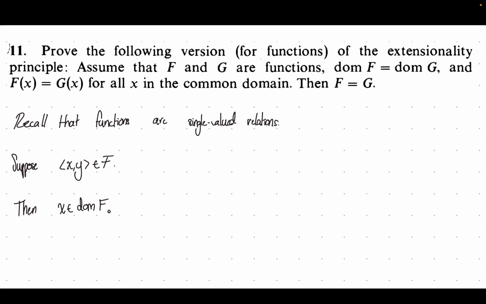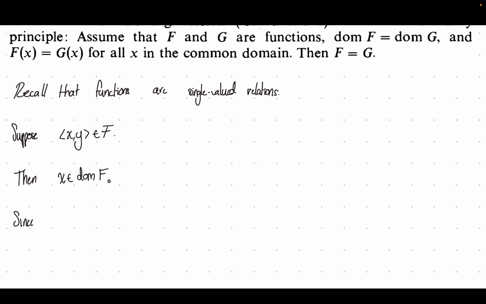If not, please watch my previous videos. I go over why exactly this implies this several times. Okay, so x is going to be in the domain of f. And since the domain of f is equal to the domain of g, x has to be in the domain of g as well.